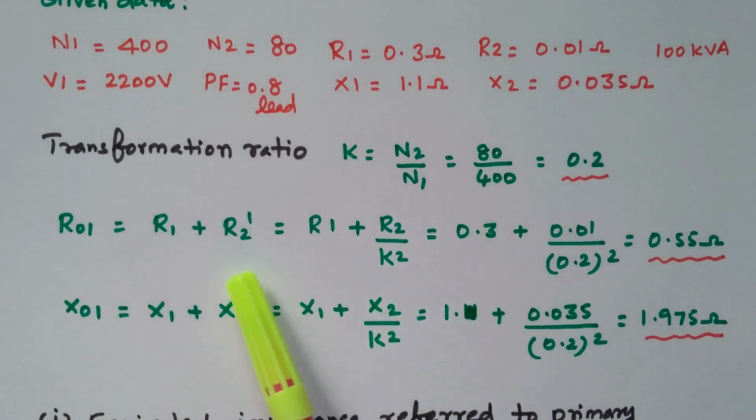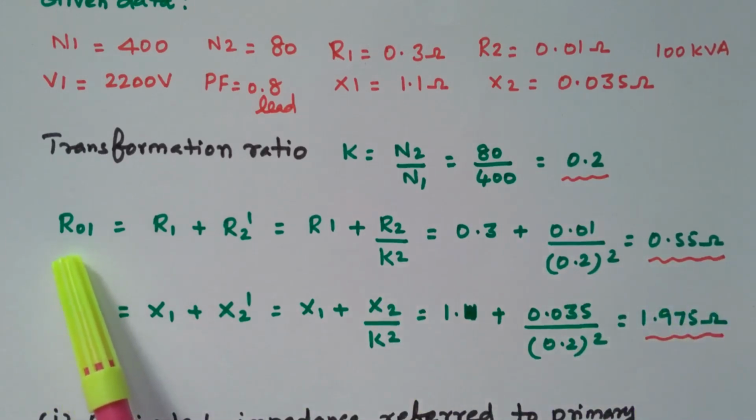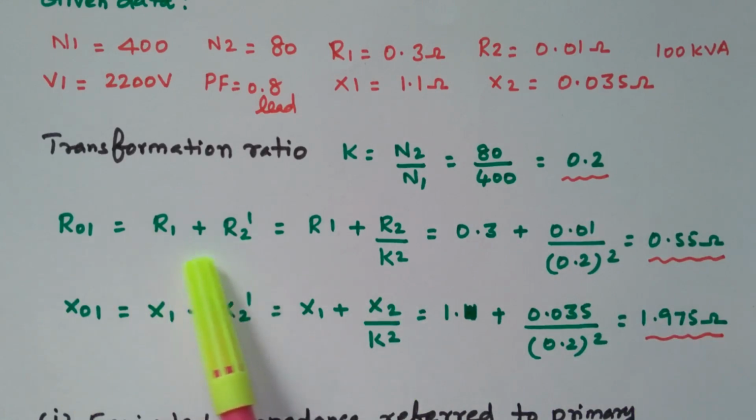So R1 is 0.3 plus R2, 0.01, divided by K square, that is 0.2 square, which is equal to 0.55 ohm. So the equivalent resistance referred to the primary side is 0.55 ohm.